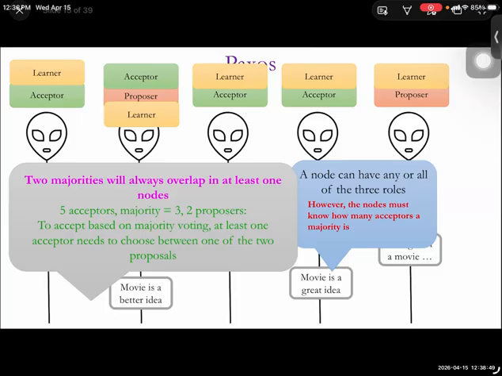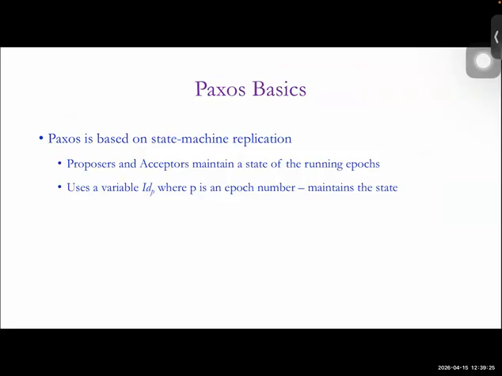Two majorities will always overlap in at least one node. If there are five acceptors, the majority requires three. If there are two proposers, then to accept based on majority voting, at least one acceptor needs to choose one of the two proposers, isn't it?